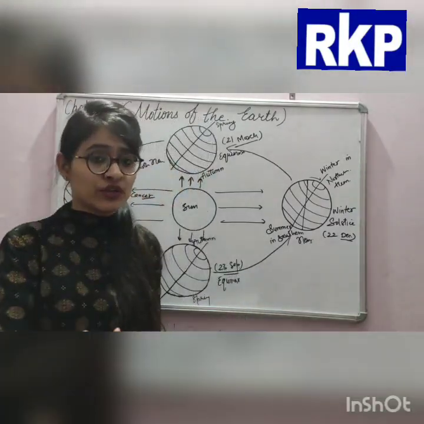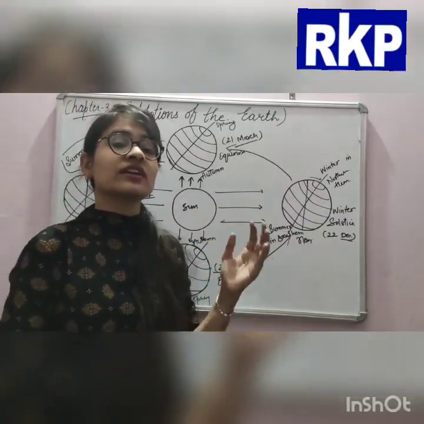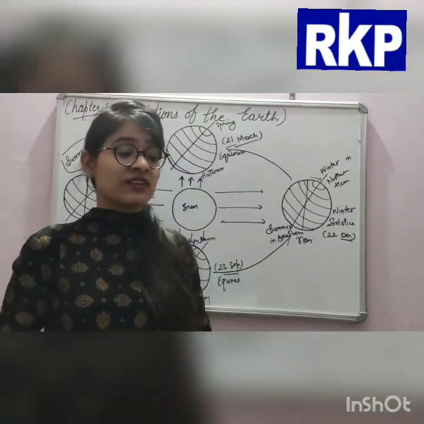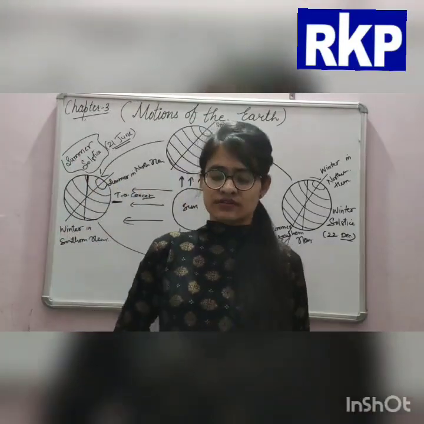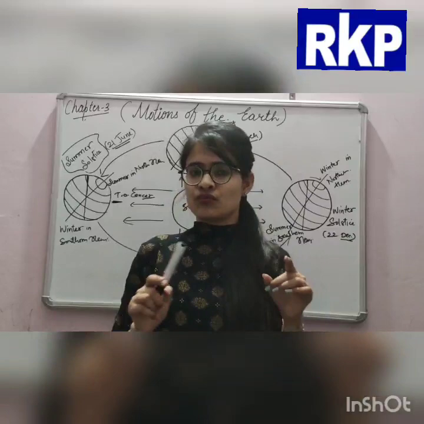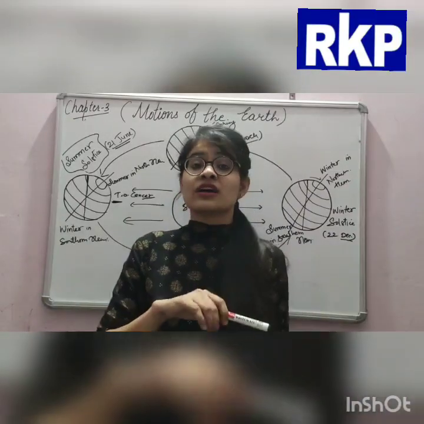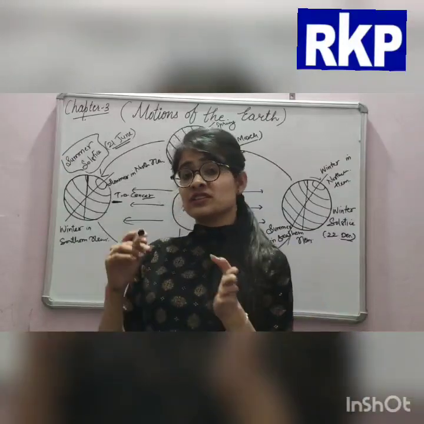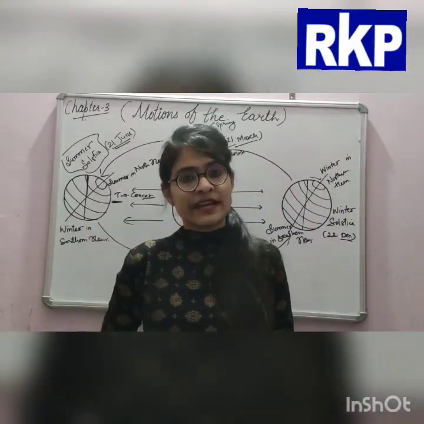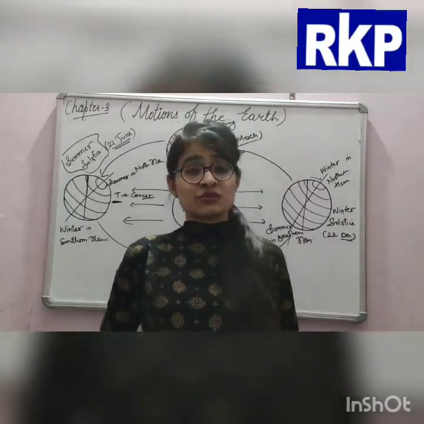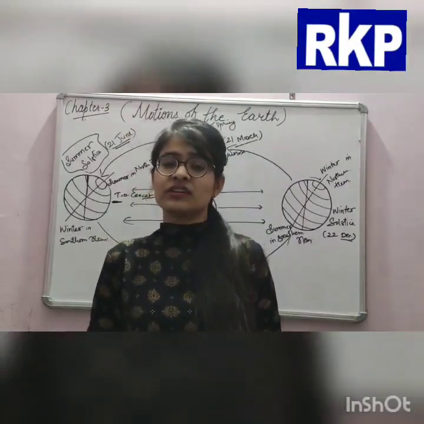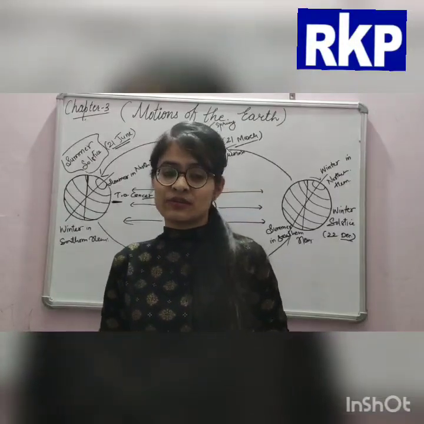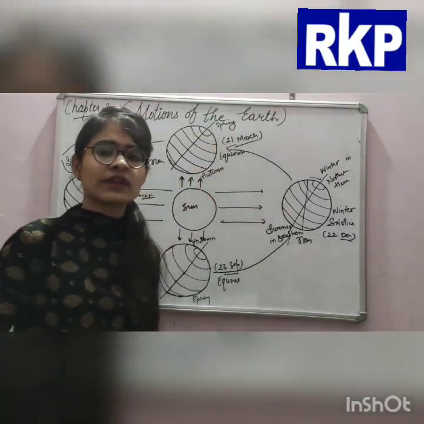The conditions in the northern hemisphere are opposite to the southern hemisphere. So we experience winter in December, and they experience the opposite, that is summer. That's why 25th December, Christmas Day, is celebrated in Australia in the summer season.